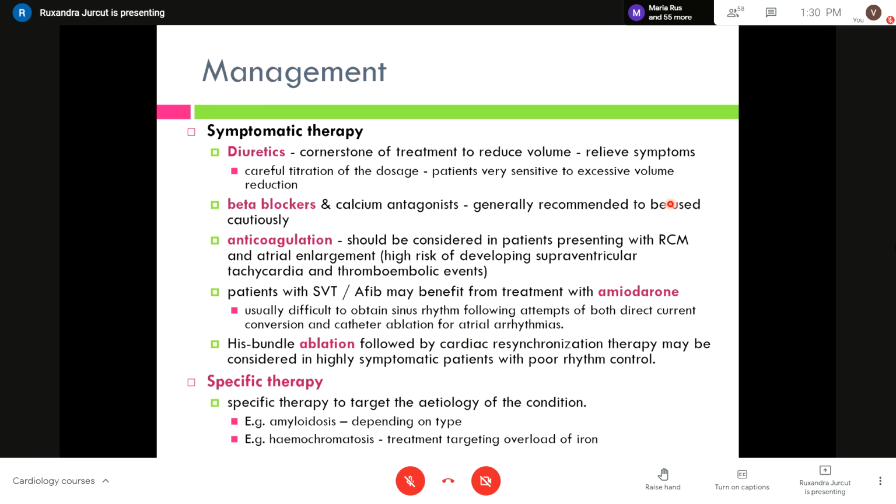How do you manage a restrictive cardiomyopathy? The treatment is symptomatic. Rarely, it can be also specific to the underlying condition. But when we talk about the symptomatic therapy, and you know that the patients have stasis, dyspnea, edema, of course, the first drugs would be the diuretics, because there is an increased volume, there is stasis.